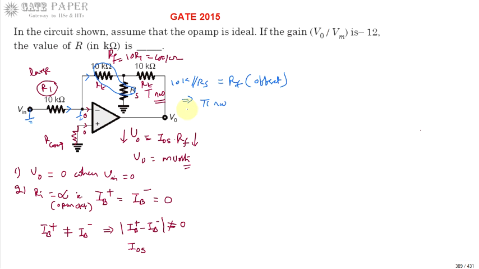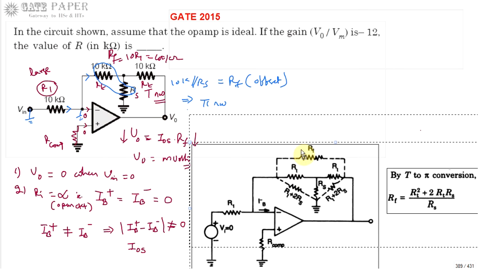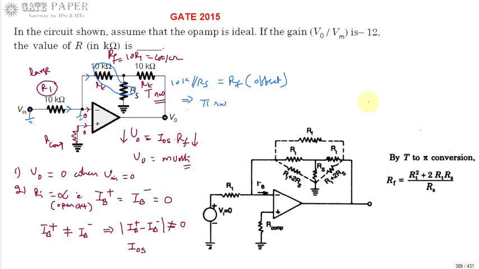This is the equivalent circuit diagram and relationship. If the resistance network is given as RT and RS, then this T network can be converted into a pi network, where RF is RT plus 2RS, RT plus 2RS.